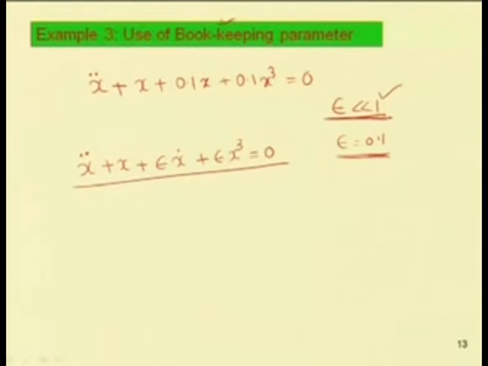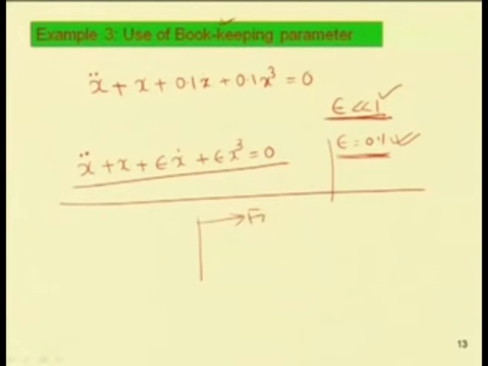So, one can study for what value of epsilon there is no appreciable change in the response of the system. So, one should not take these parameters arbitrarily, otherwise the resulting response will be different than the required response. So, in all these types of nonlinear systems, we can obtain different types of response of the system.